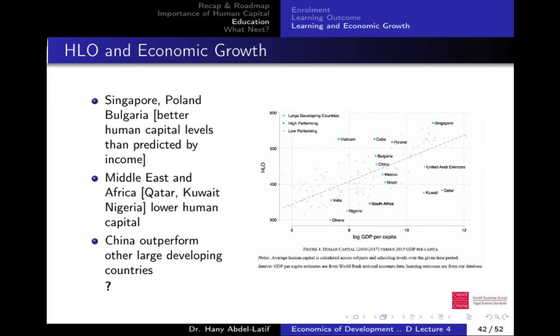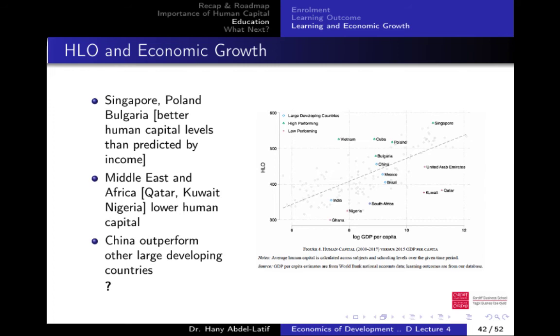We have the log GDP per capita to represent growth, and on the other axis is the harmonized learning outcome index. These are different countries. We have high-performing countries, low-performing countries, and large developing countries.